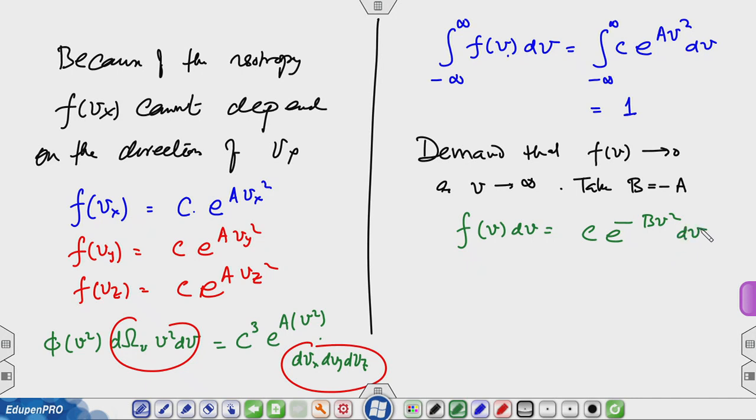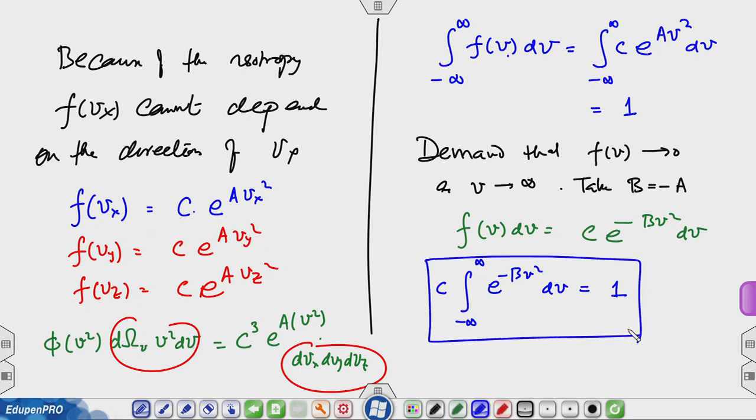And now we want to calculate the c. So through normalization, c times the integration from minus infinity to infinity of e raised to minus b v square dv equals 1. Now there's a trick to calculate this integral, which I'll put in the resources, and this integral comes out to be the square root of pi over b, and this is equal to 1.